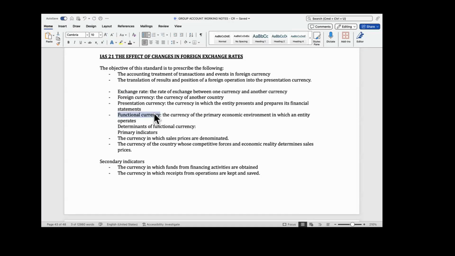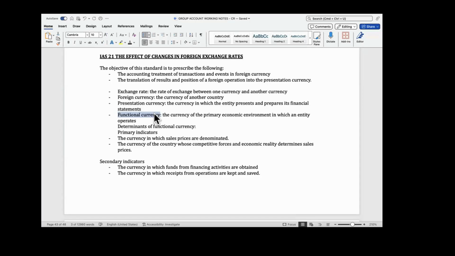In fact, this is the currency that we use to report our accounts in most cases. And this currency is usually the parent presentation currency, functional currency. And we said this currency is the currency of the primary economic environment in which the entity operates.